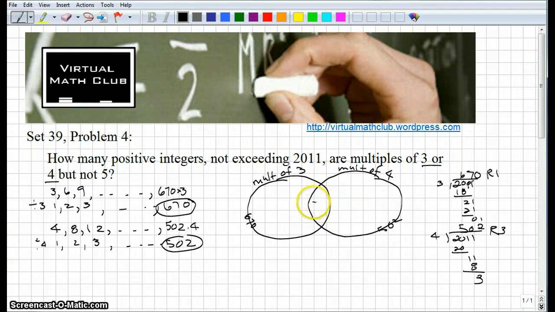These are multiples of 3 and 4, so that means these are just multiples of 12, right? So let's figure out how many multiples of 12 we have. We have 12, 24, 36, all the way up to what? We've got to figure that out. Let's divide 12 into 2011.